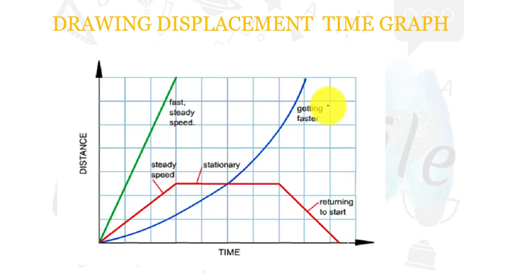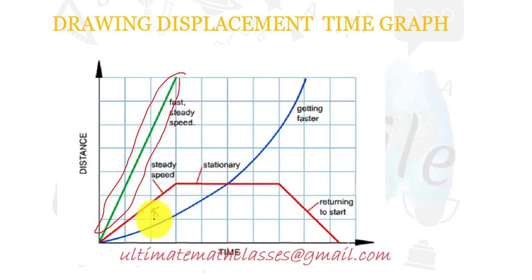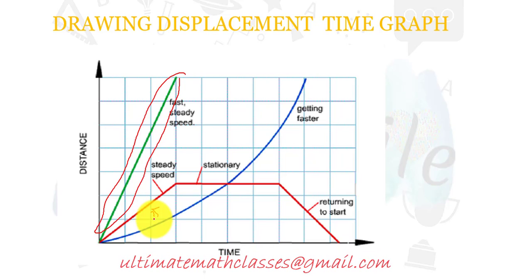We can see the green line and the red line. The green line is faster because it has more steepness, and the red line is a little bit slower when compared to the green. Now, when the particle is at rest, it's stationary.